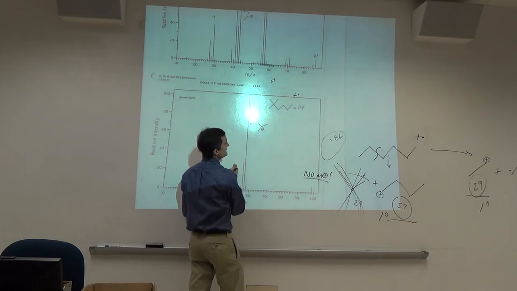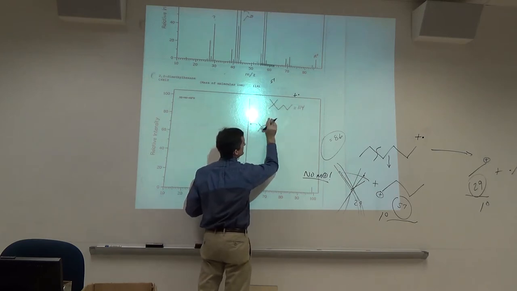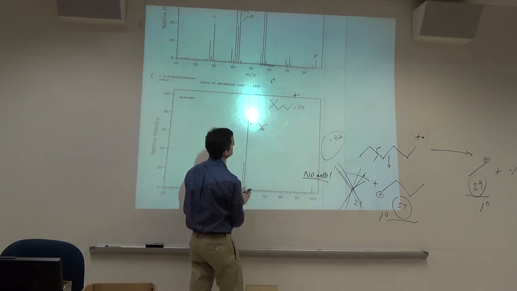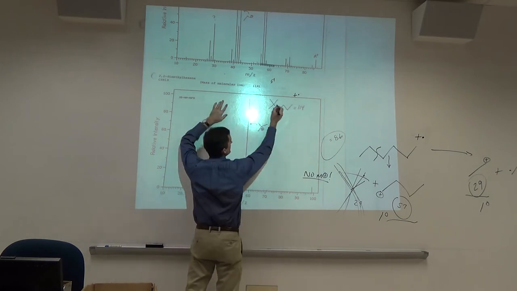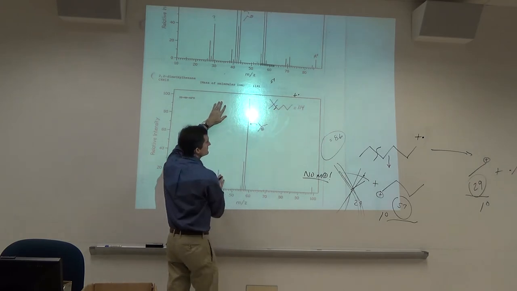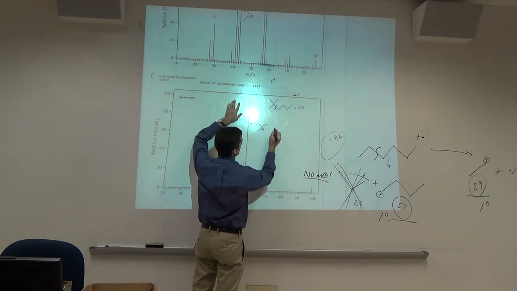If this thing cleaves, we can have carbon-carbon bond cleavage anywhere. You can even have carbon-CH or CH cleavage. I've already given you the structure. This thing cleaved right here. And apparently cation here plus what?